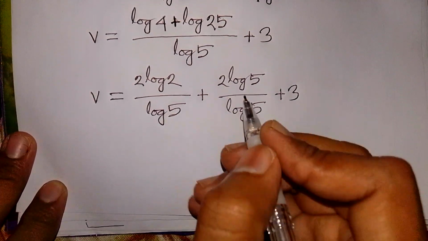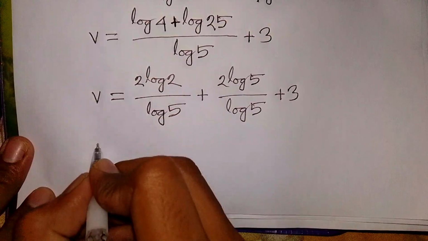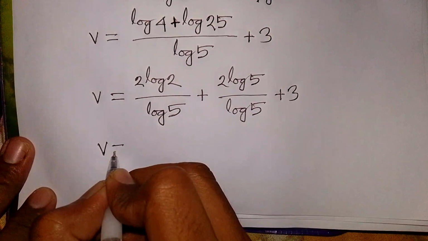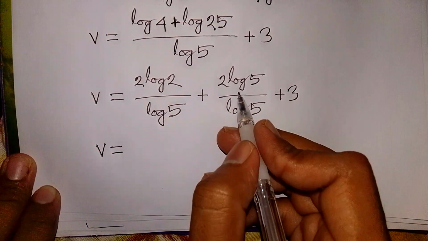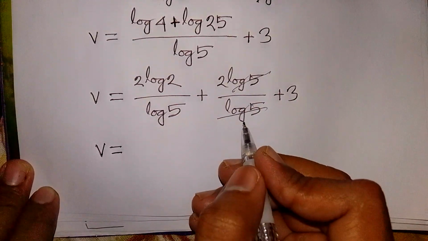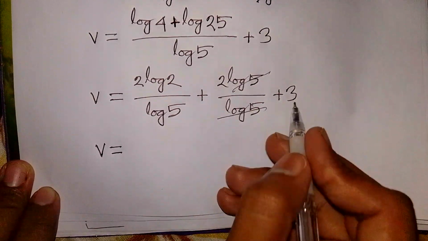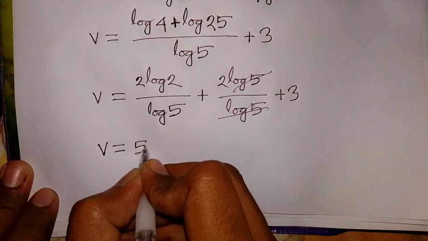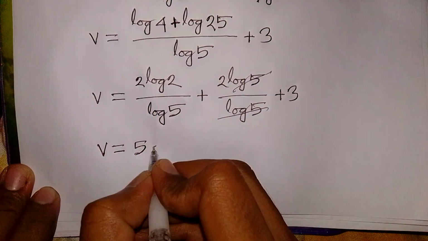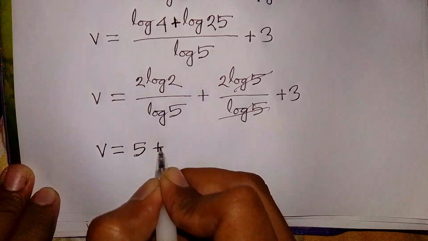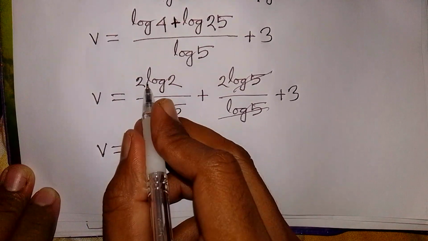In the next step, we have v is equal to, now here this log 5 will be cancelled. Plus 2 plus 3 is the same as plus 5. Then here plus 2 times log 2 over log 5.